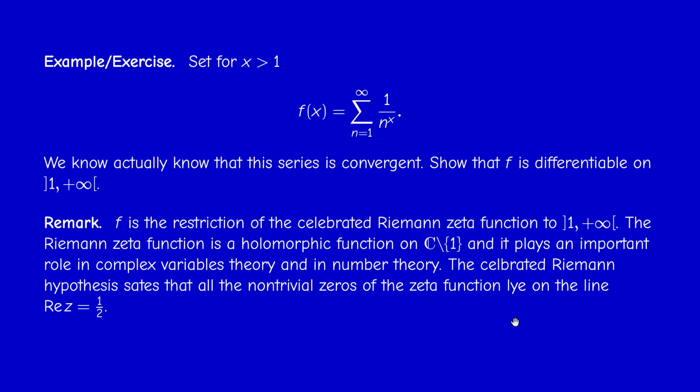For your general culture, the Riemann hypothesis, which if you solve you will get $1 million, states that the non-trivial zeros of this holomorphic function lie on the vertical line x equal 1/2. Now there are trivial zeros, which are -2, -4, -6, etc. The non-trivial zeros all lie on this vertical line.